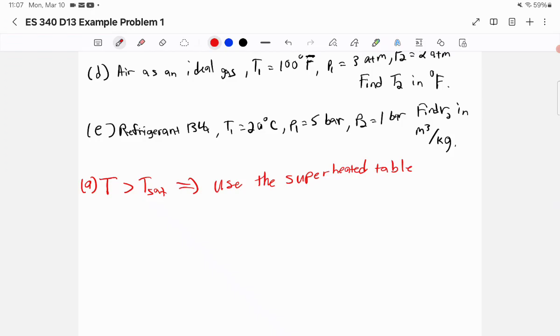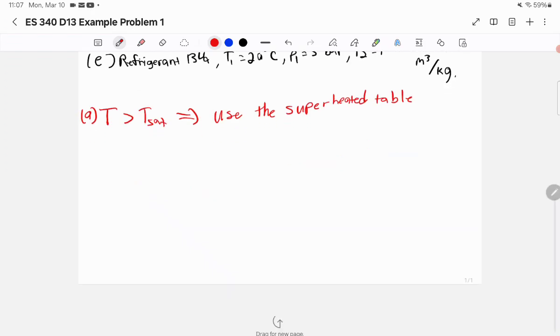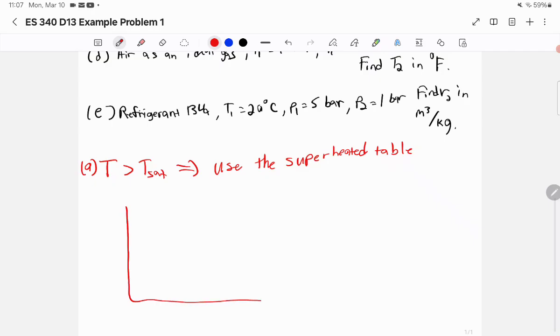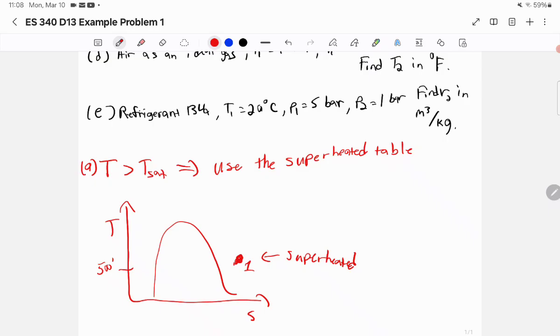If I were to draw this, we should probably practice using the TS curve. It's very similar to the TV curve, and it looks something like this. For state 1, we're going to be somewhere in here, in the superheated region, and this would be a temperature of 500 degrees Fahrenheit.